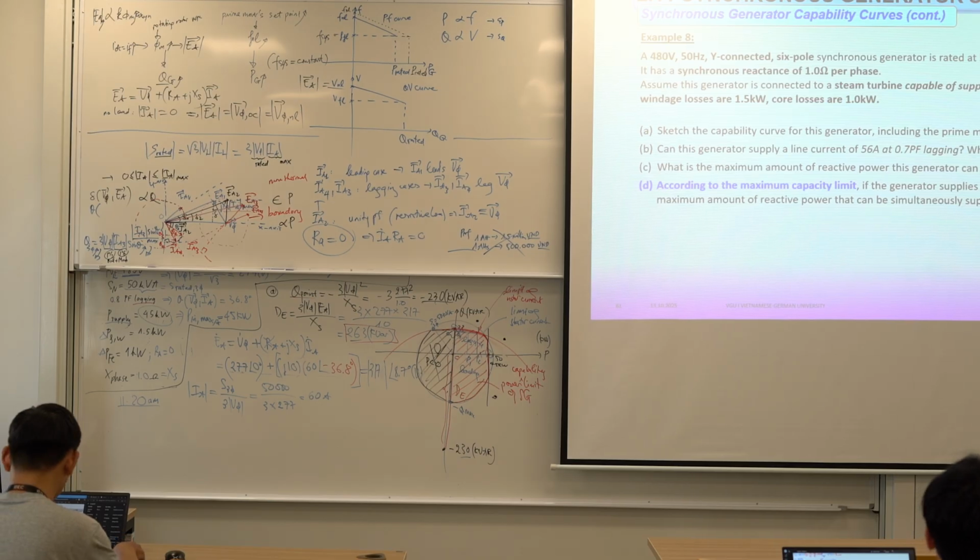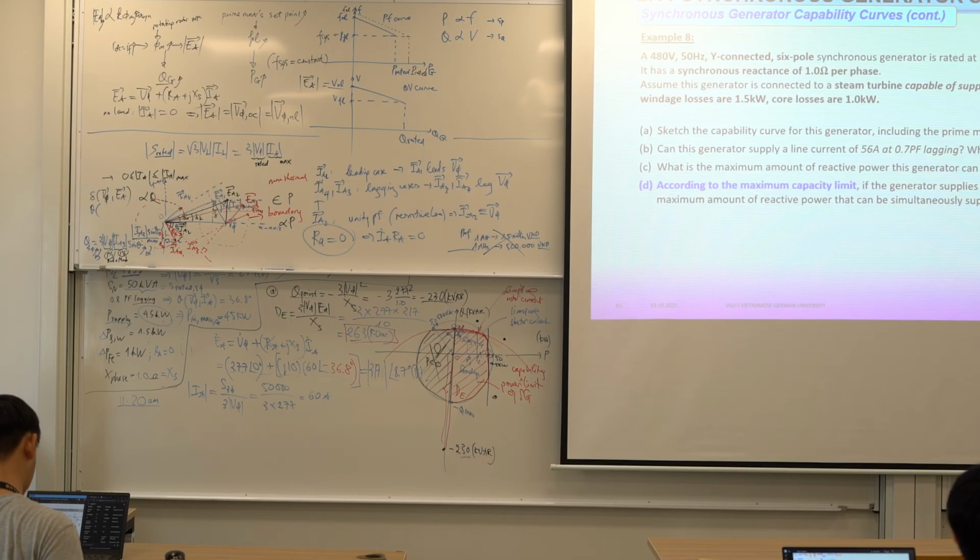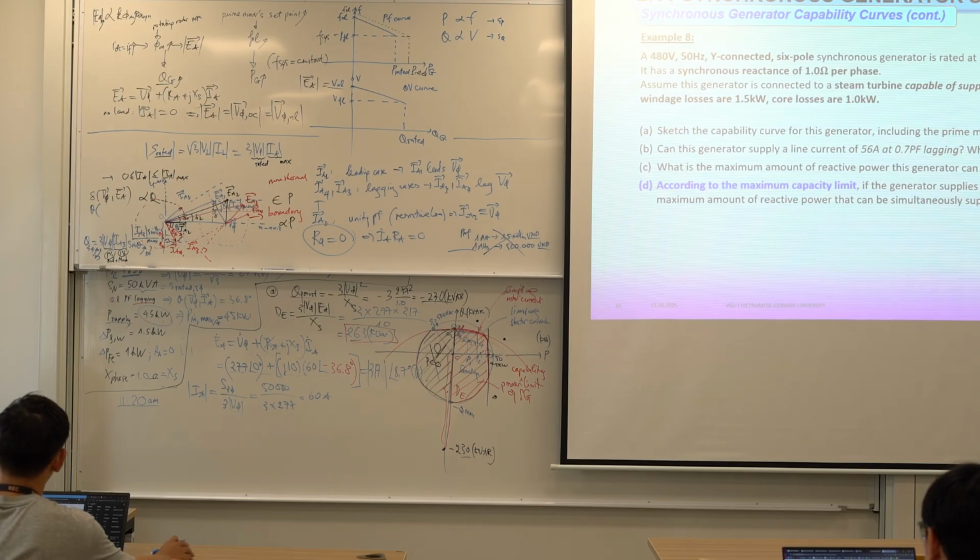V phase is constant, 277 volts. So P is 3 times V phase, 277, times IA 56, times cosine theta, which is 0.7. How about Q? 3 times 277 times 56 times sine theta new. So you can calculate theta new, and then sine theta new. After that, you can get P new and Q new. Now, please quickly calculate it.